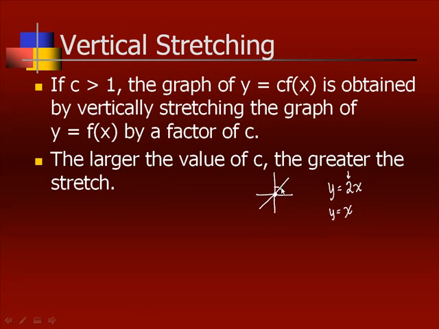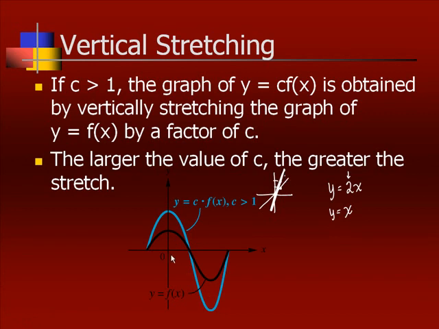But if this was up 1, then for the new graph, 1 times 2 is up here. If this old point was up 2, now when we multiply that by 2, we're up 4. So this new graph is stretched, or is a lot steeper, by a factor of 2.